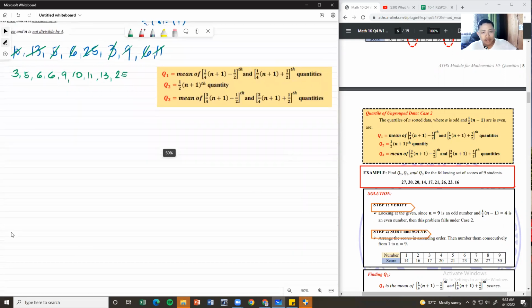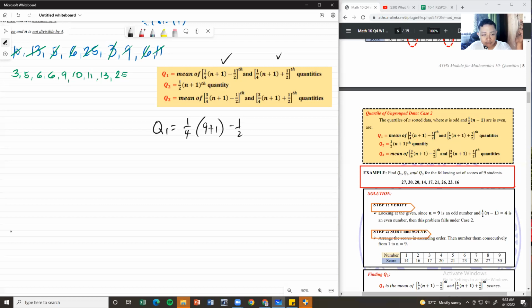So it says here that to get our quartile 1, we should get the mean of the quantity 1/4 times n plus 1 minus 1/2 and the quantity 1/4 times n plus 1 plus 1/2. First, let's identify these quantities. We have 1/4 of 9 plus 1 minus 1/2.